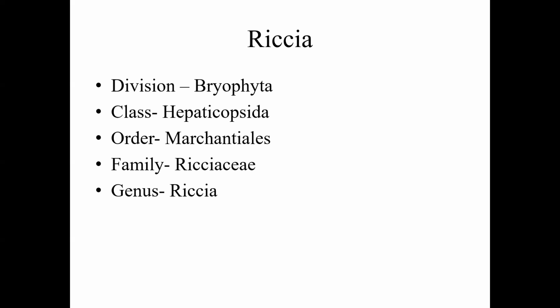The pioneer Indian worker S.R. Kashyap recorded a number of species from Himachal Pradesh, Punjab, Kashmir, and other regions of Western Himalaya. The plants grow predominantly on damp soil, in moist and shady places.